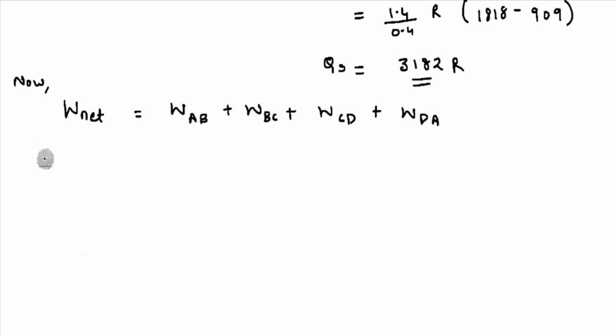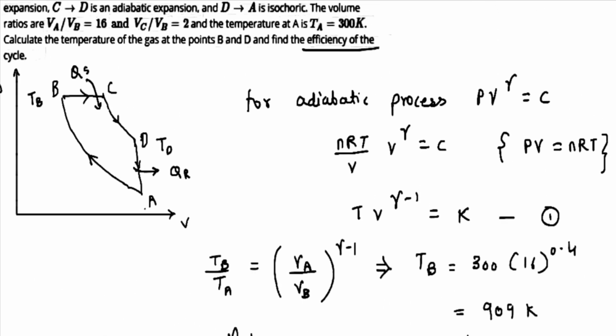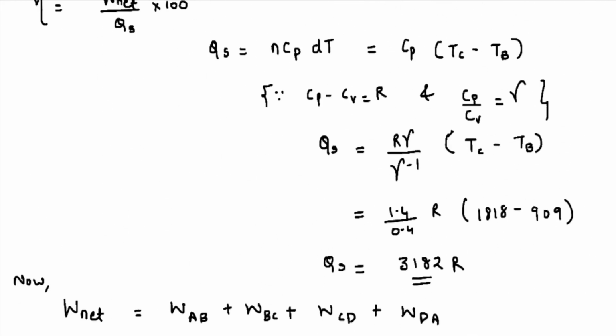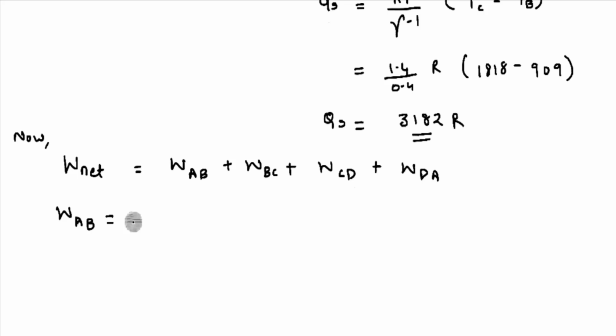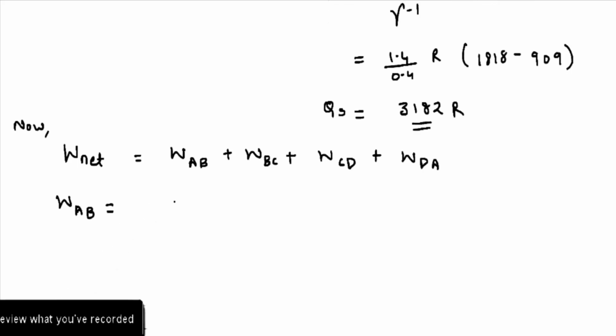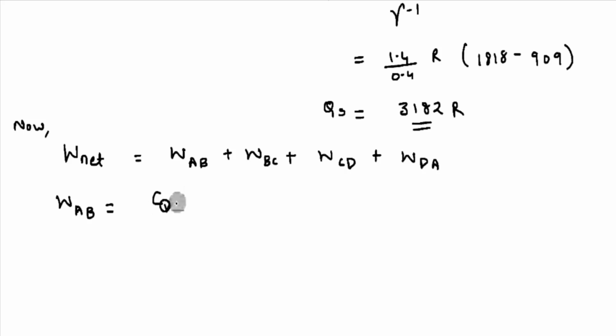So from here, W AB, that is A to B, is an adiabatic compression. The work done formula for an adiabatic process is Cv into TB minus TA.